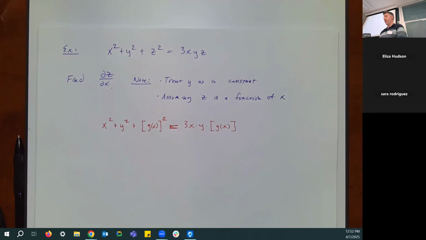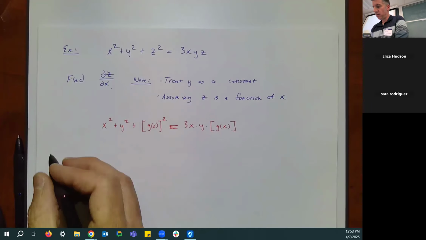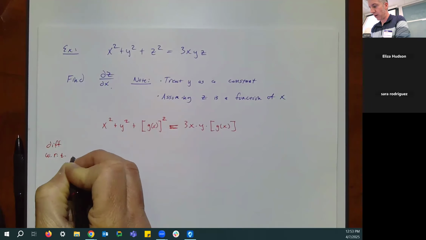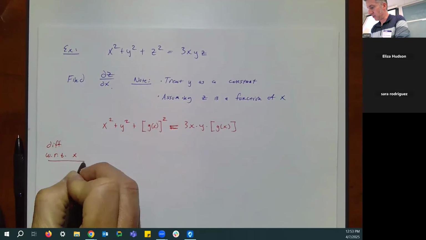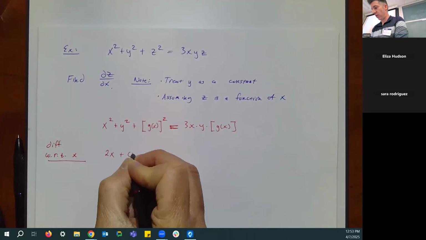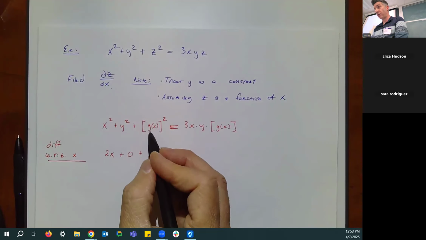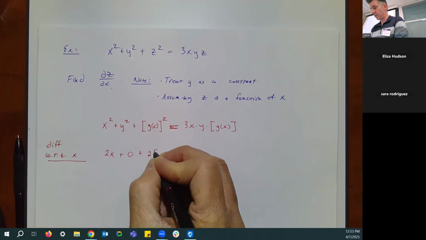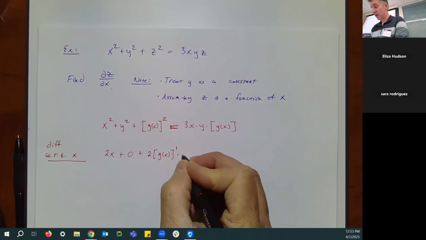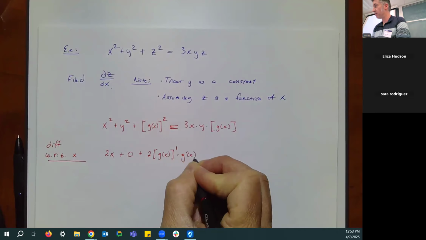So now, if I were to differentiate both sides of this with respect to x, here's what we're going to get. Derivative of x squared is 2x. Derivative of y squared is 0. The derivative of a function of x squared is 2 times that function of x to the first power times the derivative of the inside.